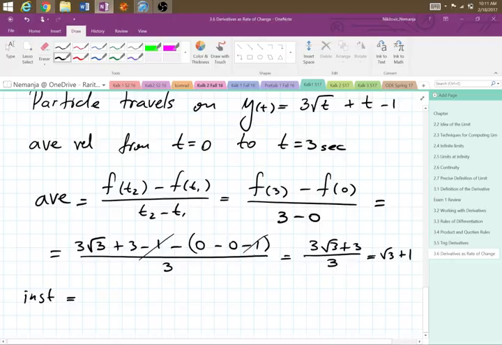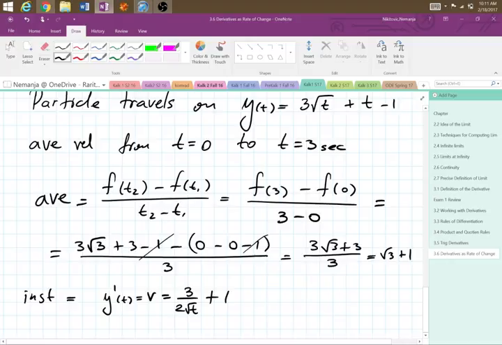You will have to first find the derivative. So y prime of t, which is the velocity, would be 3 over 2 root t. I hope you memorized already that the derivative of root x is 1 over 2 root x. I told you that last time. Plus 1. The derivative of t is 1, and the derivative of negative 1 is 0.